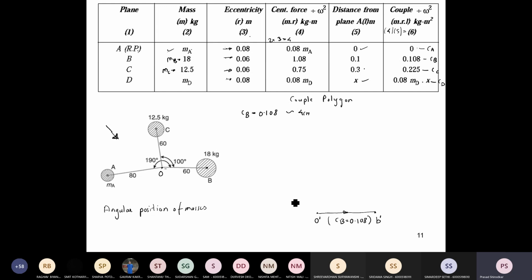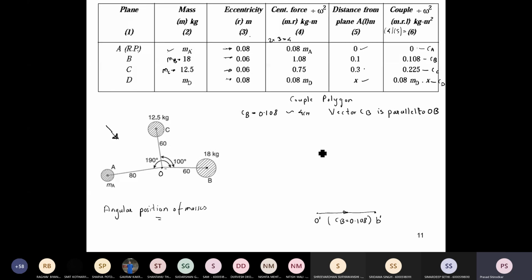And vector CB is parallel to OB in this angular position diagram.